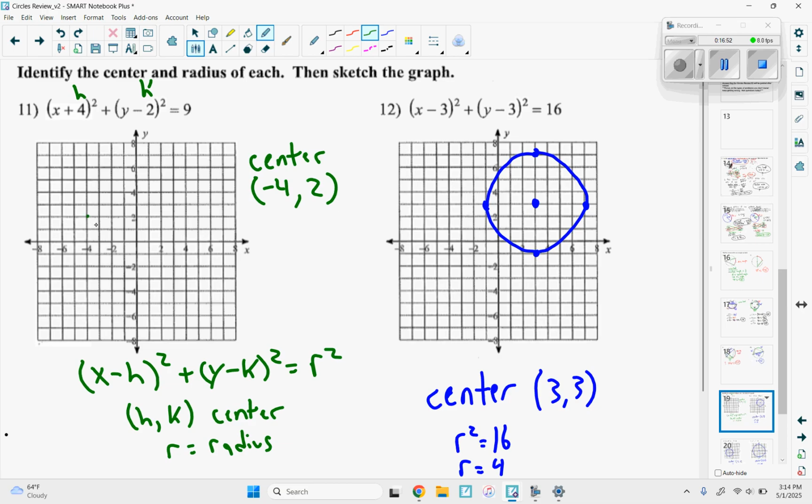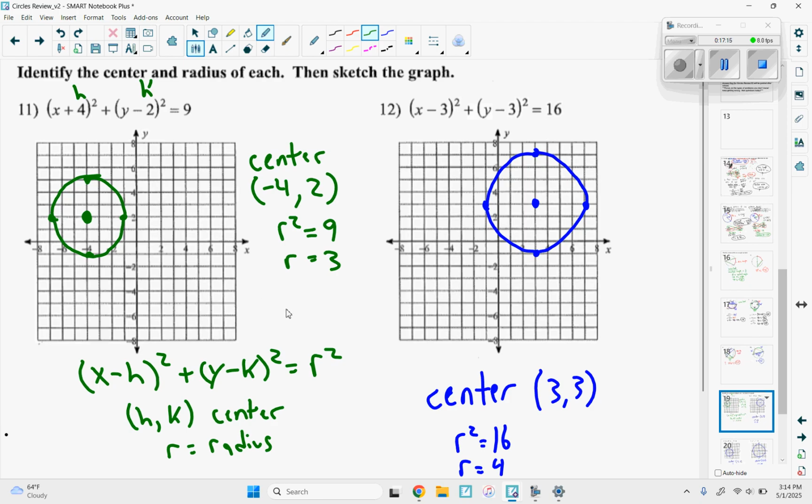Negative 4 on x, up 2. There's my center. Then I want to find my radius. So the r squared is 9. I square root both sides, I get r is 3. So my radius up, down, left, and right is going to be 3. And there is my circle for number 11.